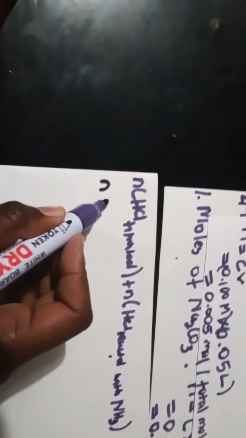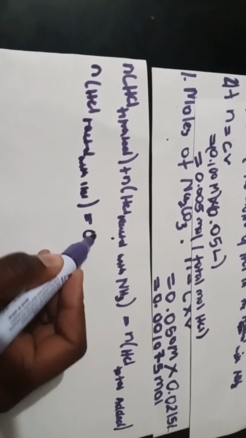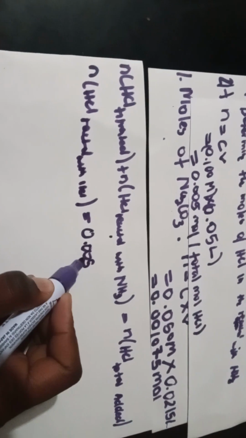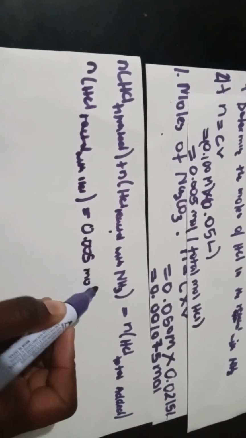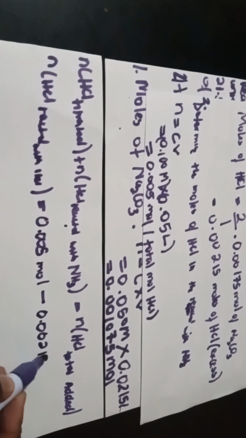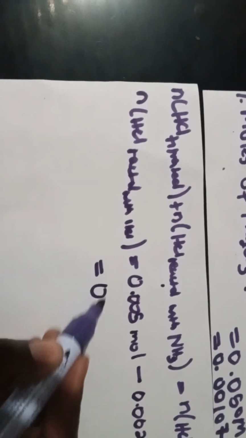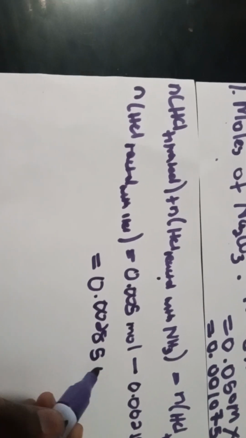So moles of HCl reacted with ammonia will then be the total number of moles of HCl added, 0.005 moles, minus the titrated number of moles, which is 0.00215 moles, and the final answer will then be 0.00285 moles.